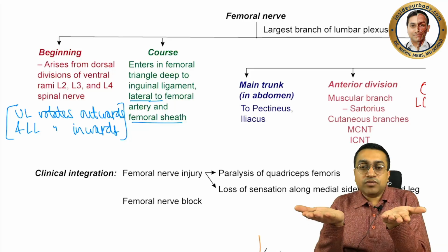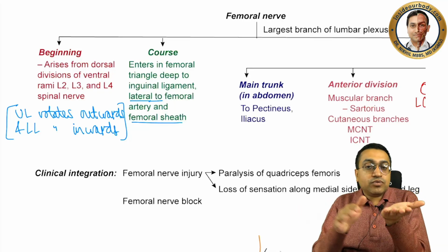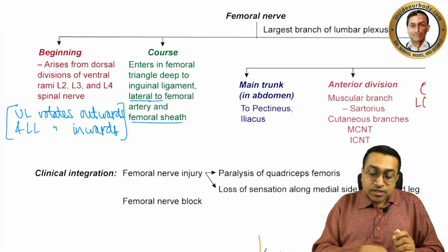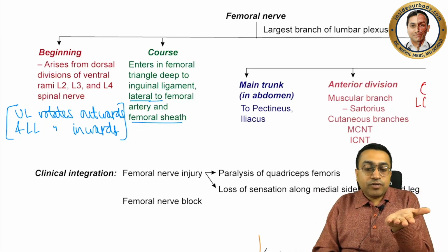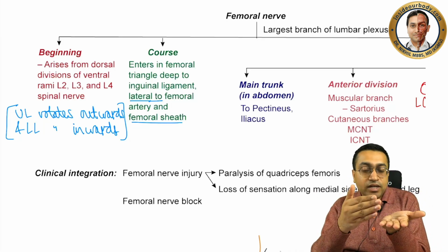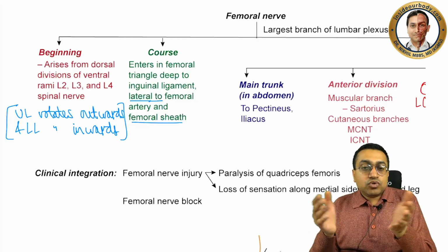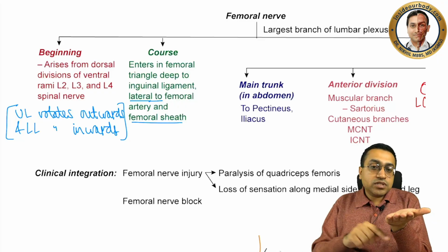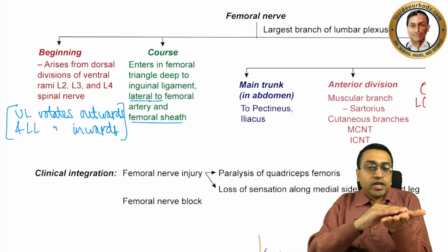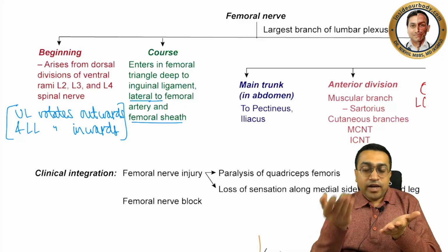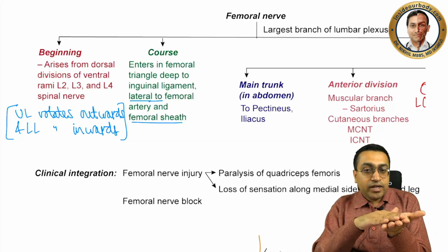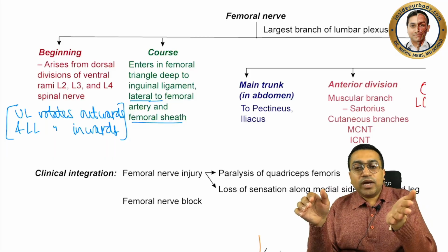So the structure which is present dorsally will come anteriorly, and the structure which is already present anteriorly will go medially. So when the rotation happens, the femoral nerve which was coming from the dorsal division will come to supply the anterior compartment, whereas the structure which was present anteriorly will come to lie in the medial part.